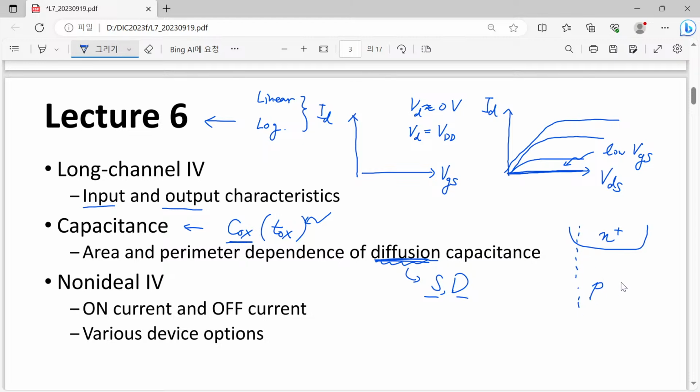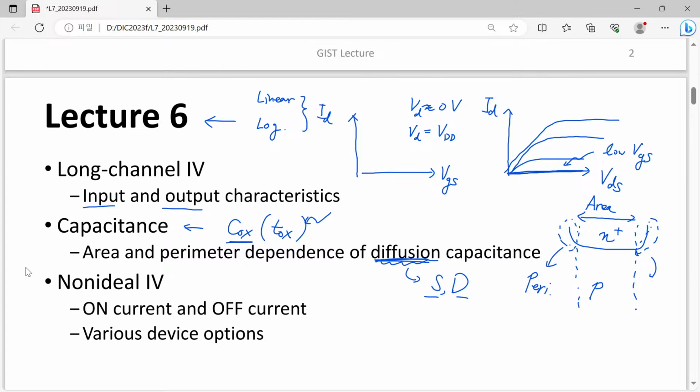But capacitance can depend on two things. One is the main body of your diffusion and the other is the side part of your diffusion area. Both of them contribute to the parasitic capacitance. This one corresponds to the area dependent part, and this one is related to the perimeter dependent part. Okay, so that was the first part of our previous lecture.